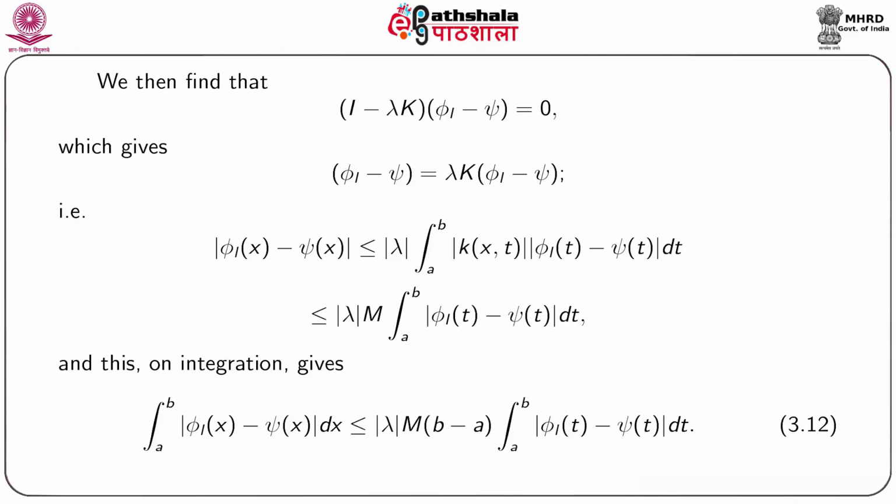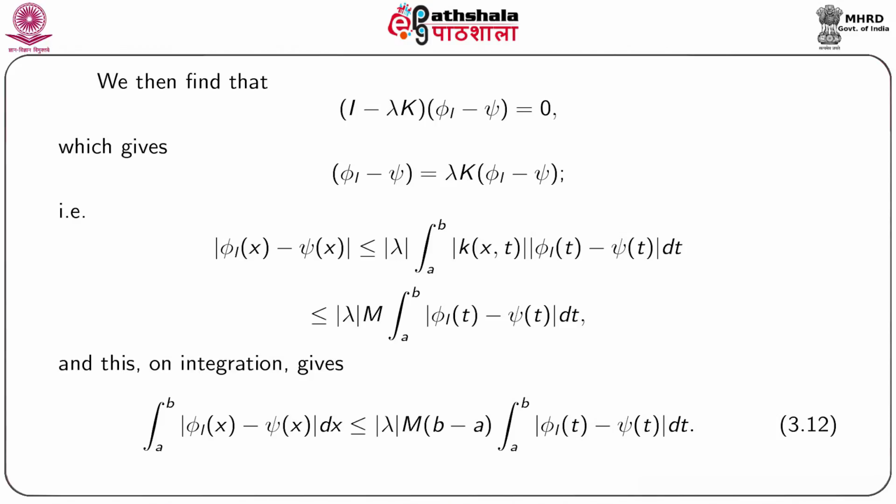Now, the supremum of the kernel K x t is capital M. So, we find that mod phi L x minus psi x is less than or equal to mod lambda into capital M into integral a to b mod of phi L t minus psi t dt.